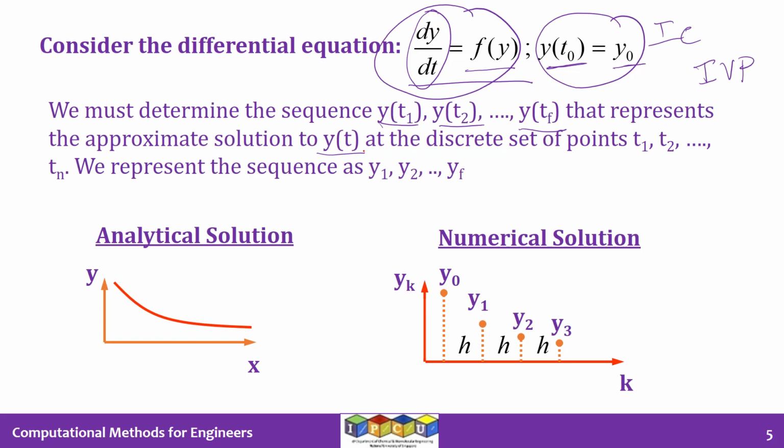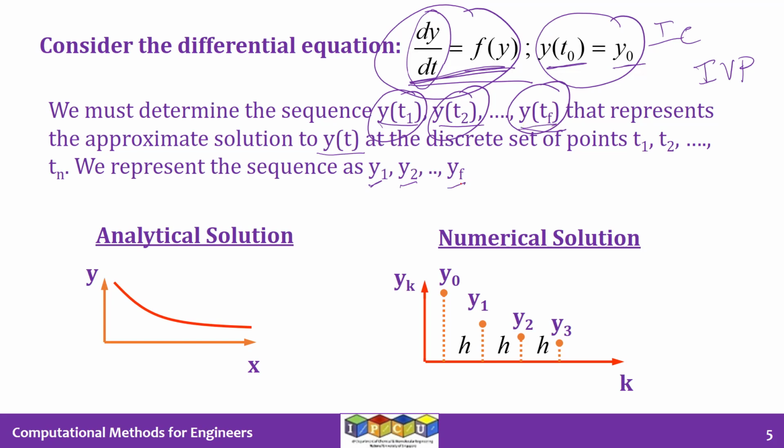But in other cases where f(y) is complex or nonlinear, all we can hope for is to approximate this differential equation by an algebraic equivalent using finite differences and solve that approximate equation to get the solution y(t1), y(t2), y(tf), as I explained earlier. So in short, you can call y(t1) just y1, y(t2) y2, and y at tf you can call yf.